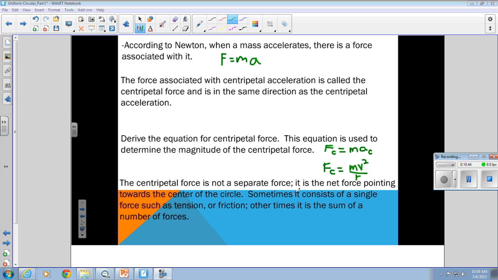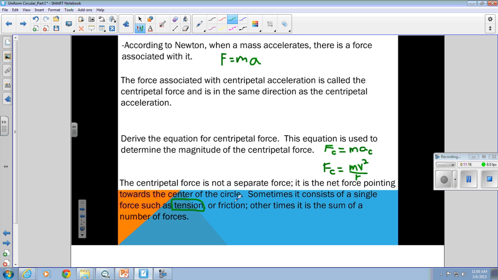Sometimes it is a single force, such as tension. If you're spinning something in a circle with a string, you've got the tension that's acting as a centripetal force. Sometimes, if you think about race car drivers, they go around banked curves, and in those cases, the friction is acting as the center-seeking force, or perhaps the normal force could also be acting as a center-seeking force.